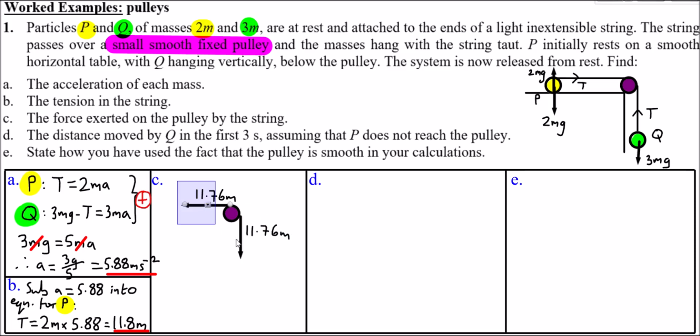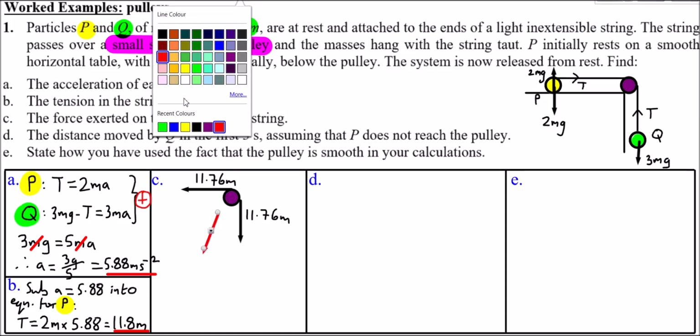And of course, the directions of horizontal and vertical are perpendicular, they're at right angles. So from this, we can construct a force triangle. So we've got 11.76 going to the left, 11.76 going down. So let's just map this out now.